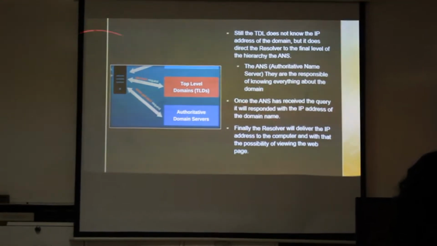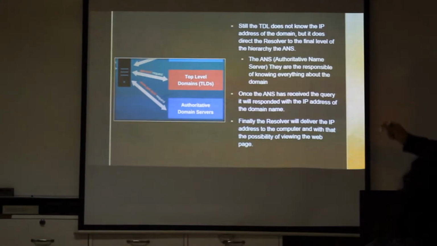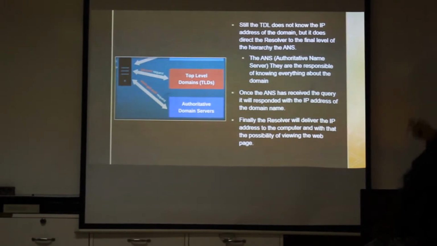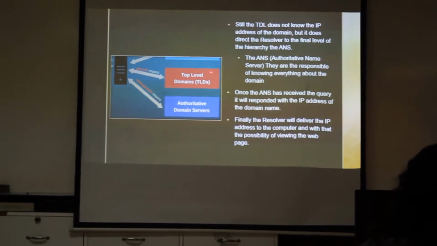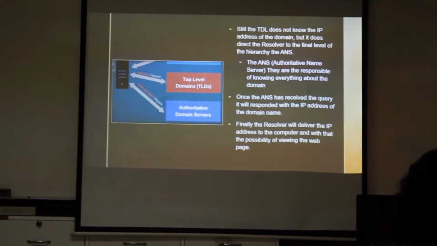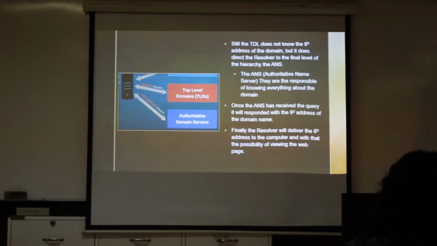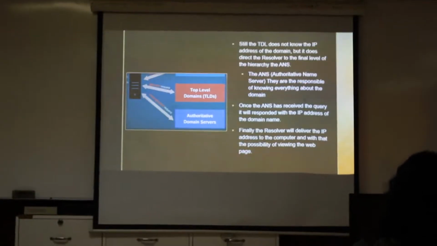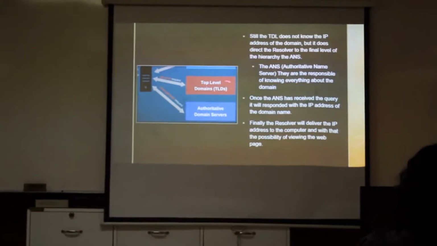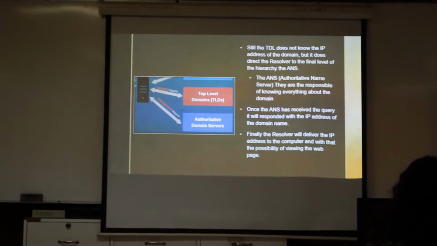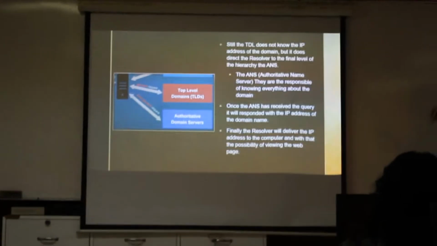Still, the TLD server doesn't have the IP address. The only thing it does, now that we have narrowed down the selection, is redirect us finally to a server that is going to have the IP address.